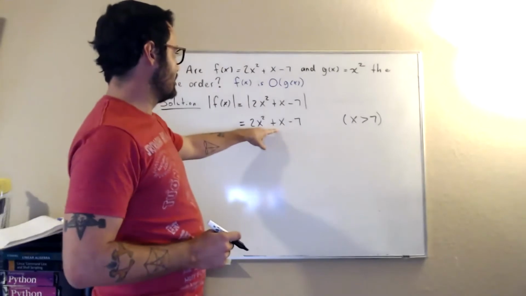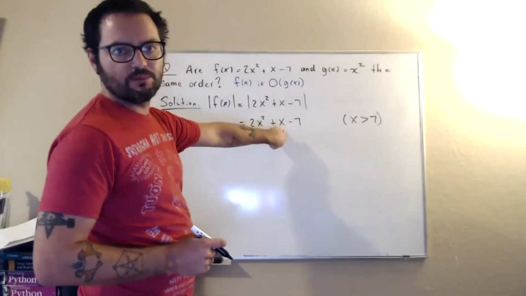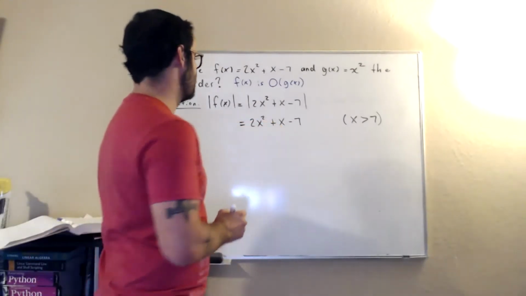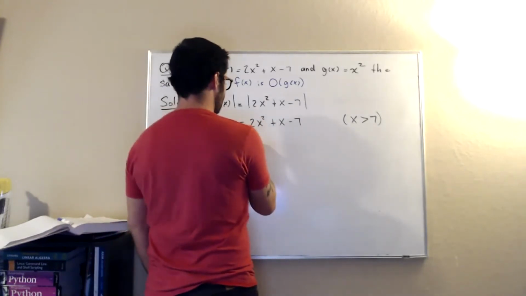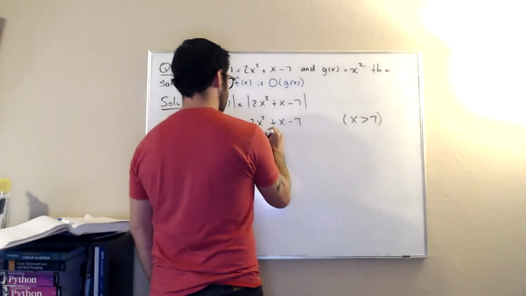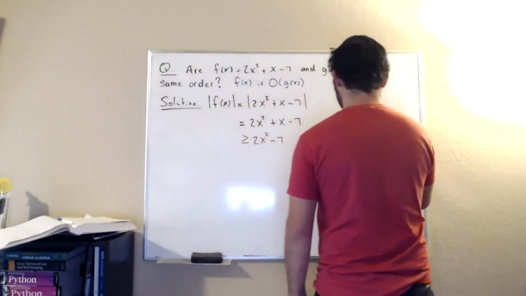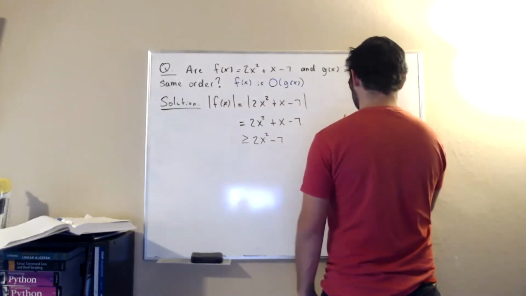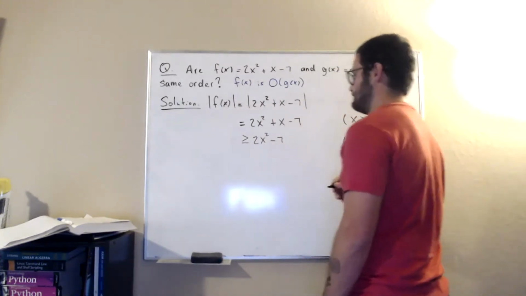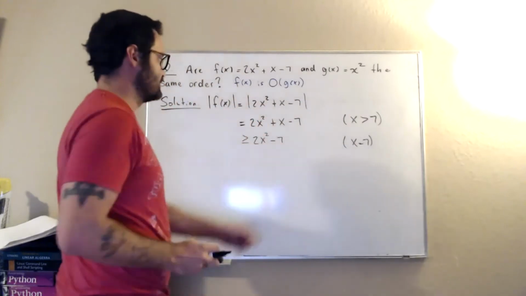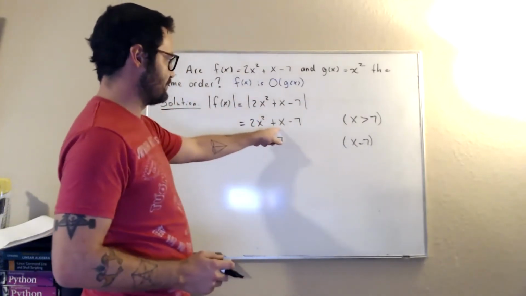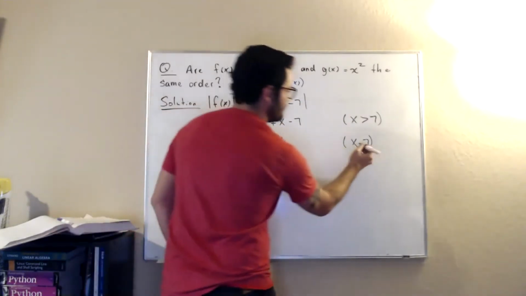Then this is a positive number right here, so this is going to be greater than or equal to 2x squared minus 7. If we just take away the x, that's true since it's a positive number.